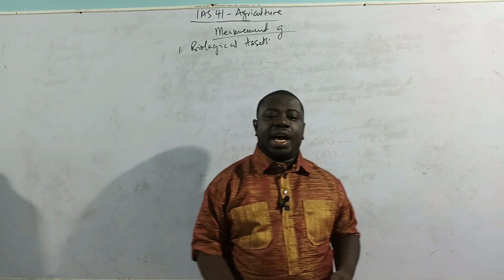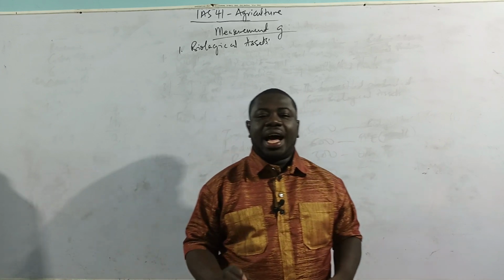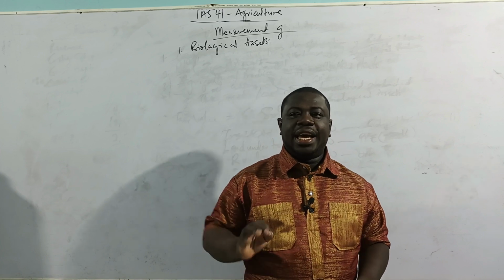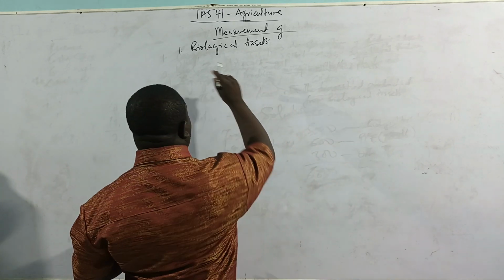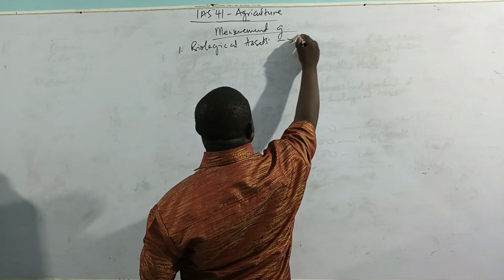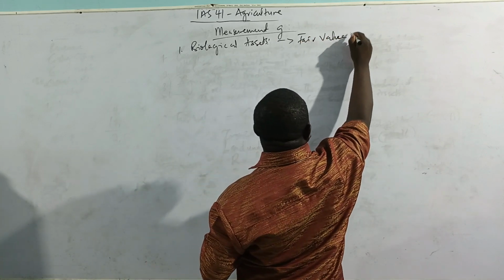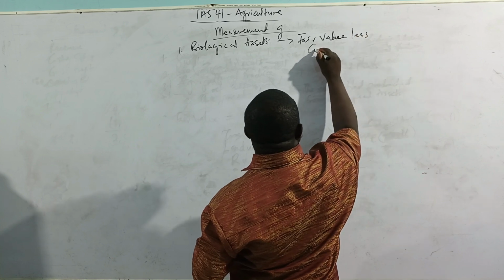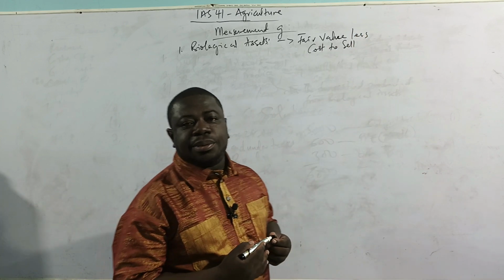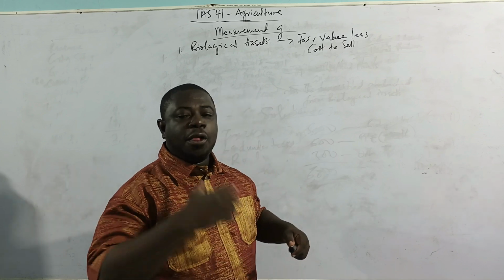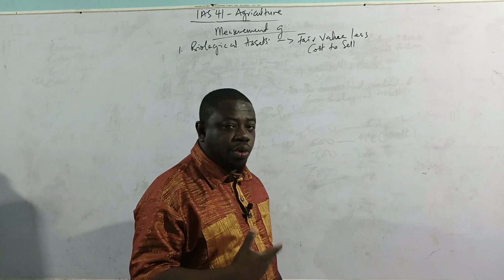Now, according to IAS 41, biological assets should be measured at fair value less cost to sell. Now, the concept of fair value has been defined over and over again in our previous videos, but I'm still going to explain.